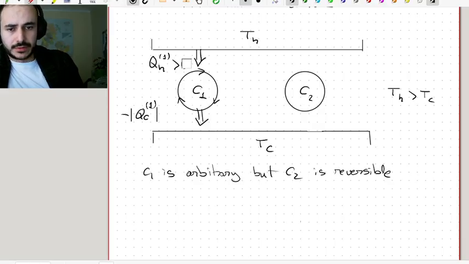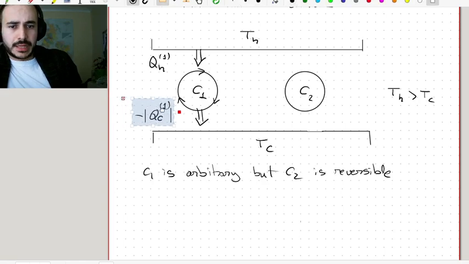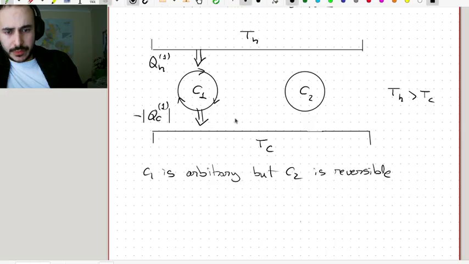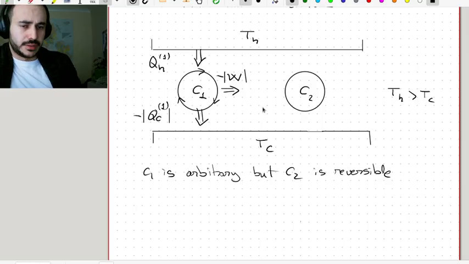As a result of the imbalance between these two heat fluxes, you get some work output. This work is going out, which means it is negative from the point of view of this cyclic process.